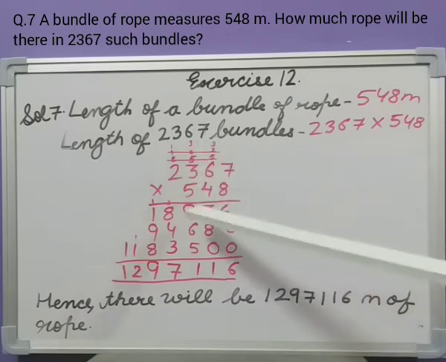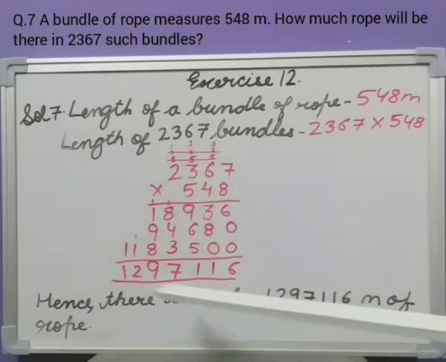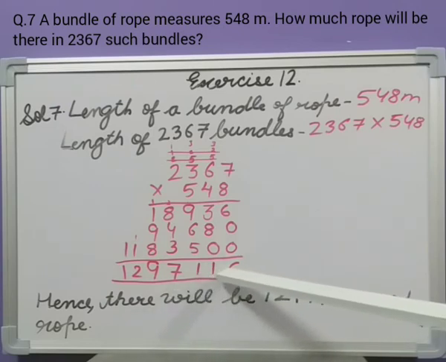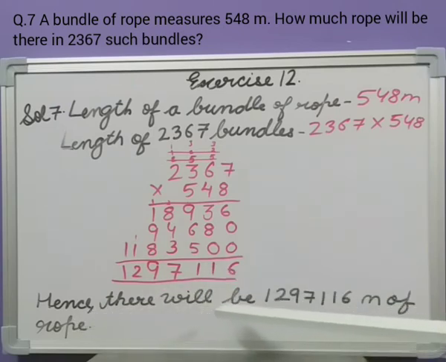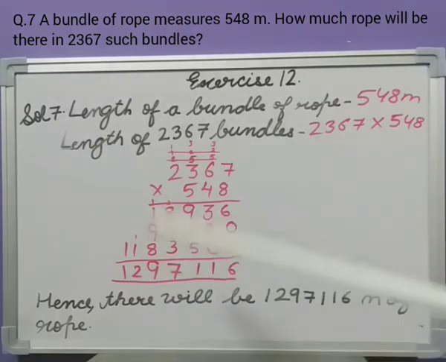And after multiplying by 3 numbers, we will add them, and after adding we got this number. Hence, there will be 12,97,116 meter of rope in 2,367 bundles.